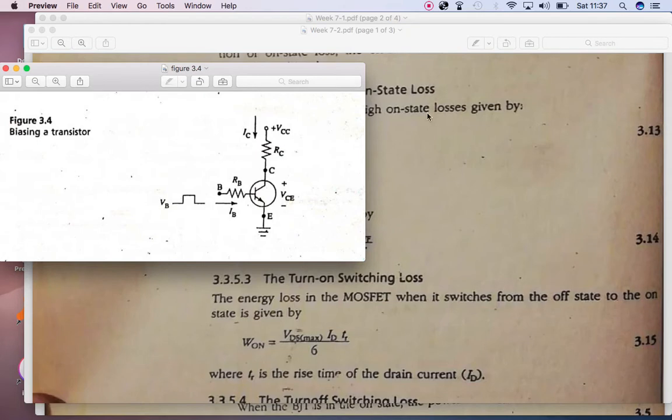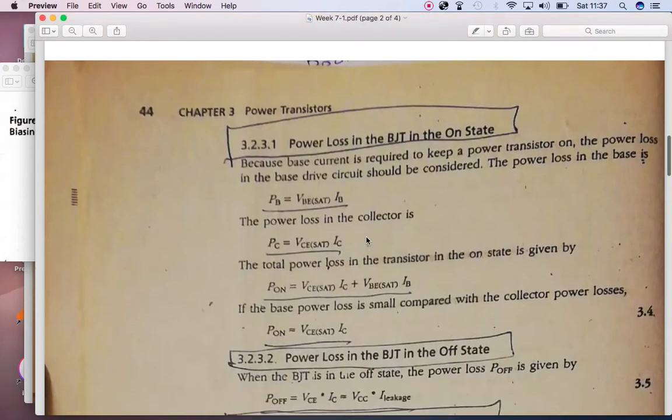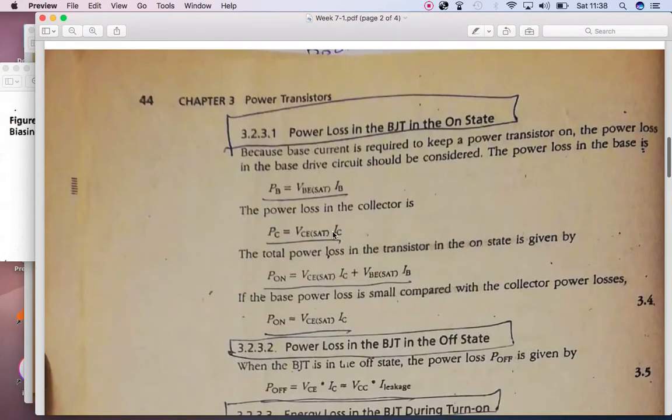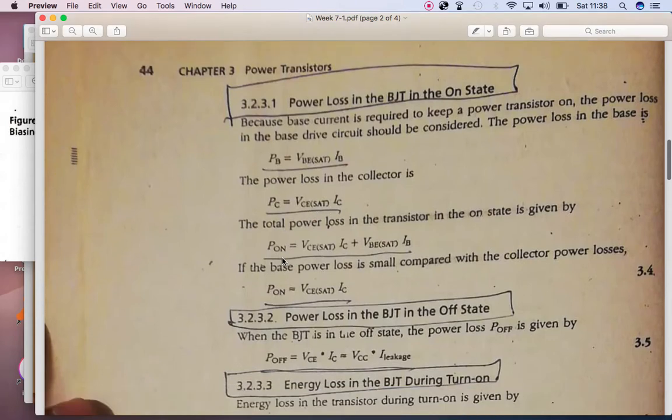For that I am giving you this formula: the loss at the base terminal can be calculated by the input voltage multiplied by the base current, while the loss at the collector terminal can be calculated by multiplying the output voltage with the output current.